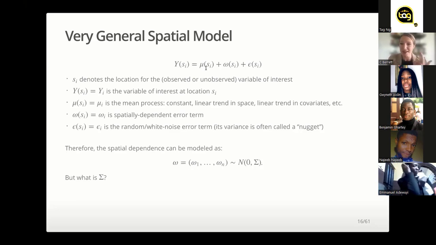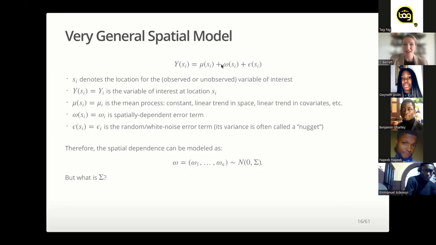It could be dependent on latitude and longitude, which is often important when accounting for environmental variables. Or it could be an X beta, so we could have a covariate in there. The first case we're going to consider is just a constant, so this mean process is the same for all locations. Then we have this spatially dependent error term.